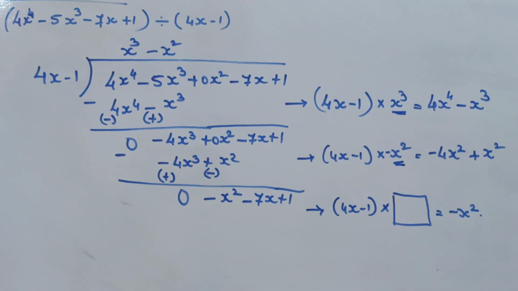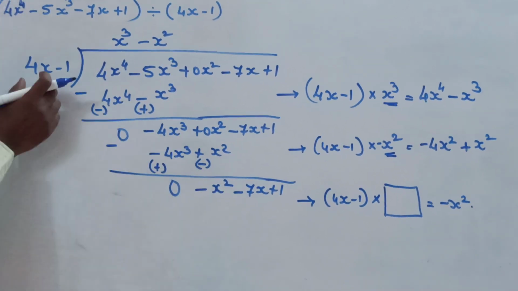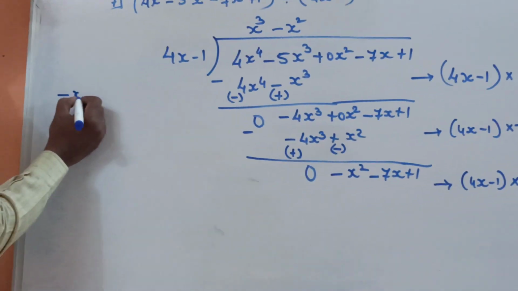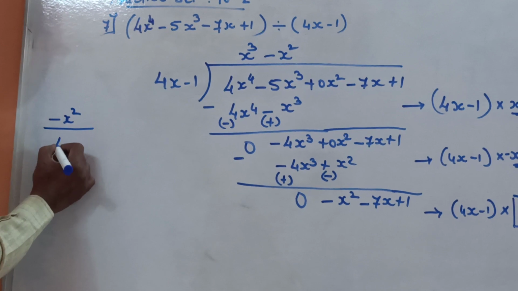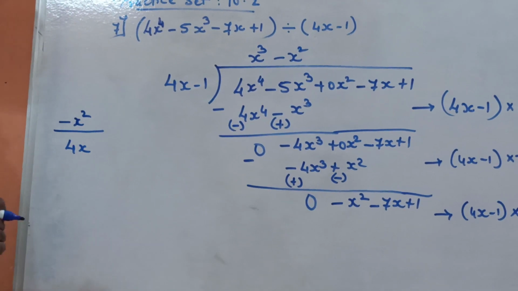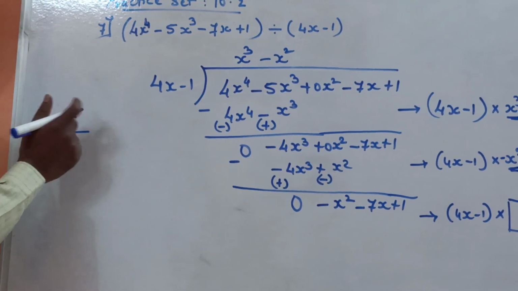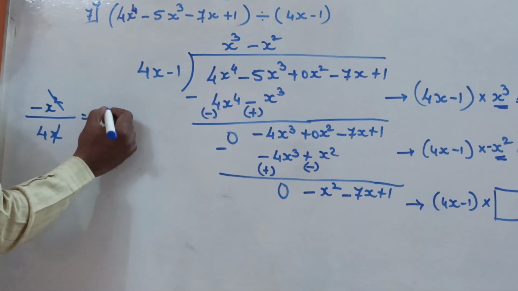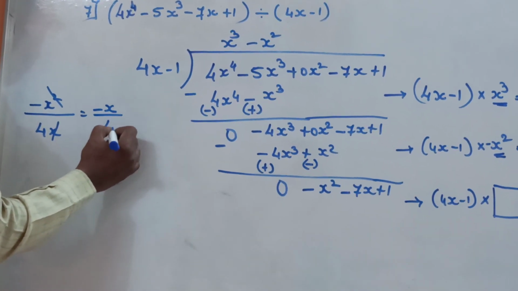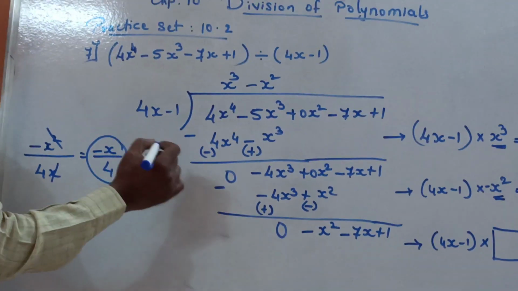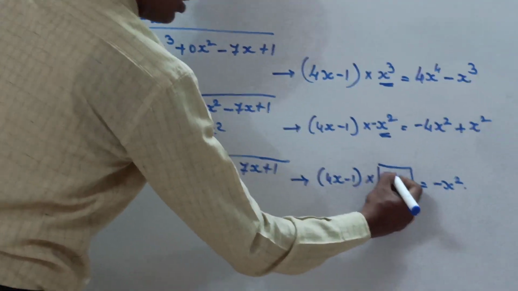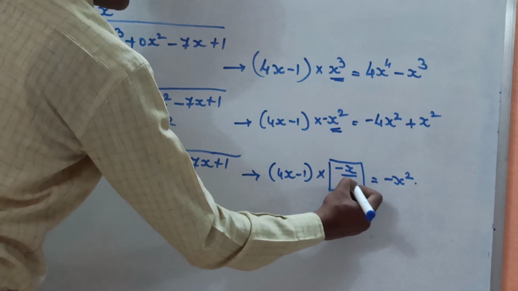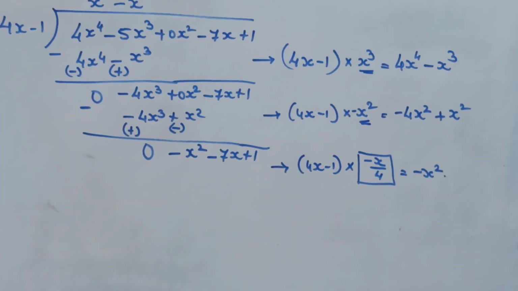So what we are going to do? You know that minus x square divided by 4x. It comes in this manner. This x square is what? This x and this square get cancelled. So what will we get? Minus x upon 4. This is the part we are going to write over here. Minus x upon 4. Got it?